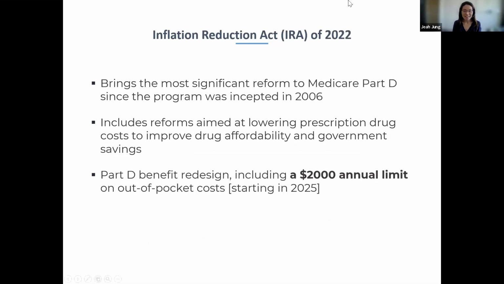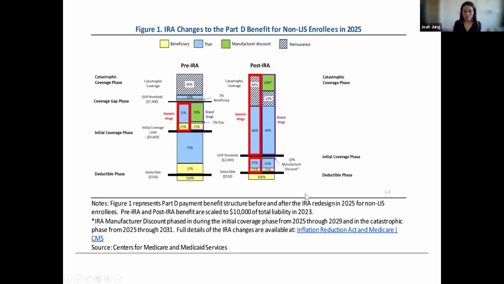So this IRA introduced, not only did they remove this co-insurance during catastrophic coverage, the biggest change here is that they imposed a $2,000 annual limit. So once you hit $2,000 out-of-pocket spending, now all medications are free. Right? So from 2025, there will be only 3 phases.